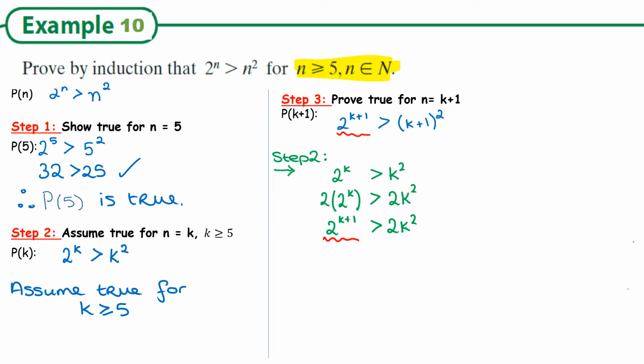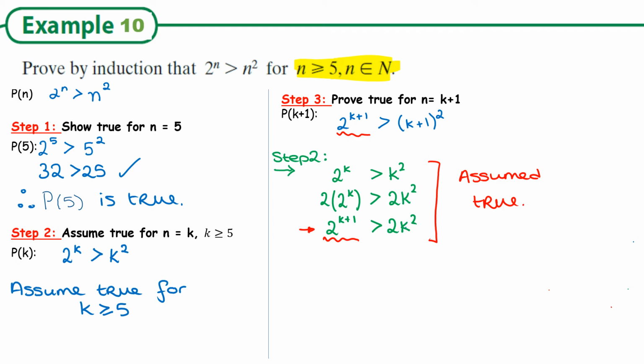Just to remind you, we have assumed this to be true. So this last line here is true, and we want to use that to prove the previous blue line above. So I know that 2 to the power of k plus 1 is bigger than 2k squared, and I want to see if 2 to the power of k plus 1 is greater than (k plus 1) squared.